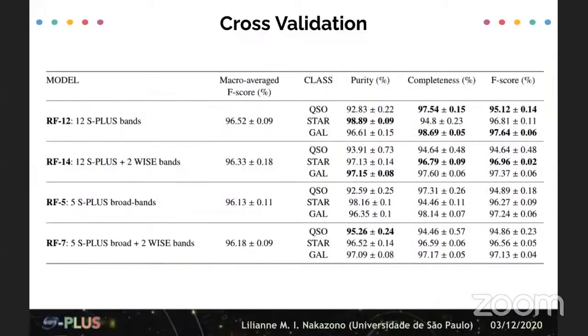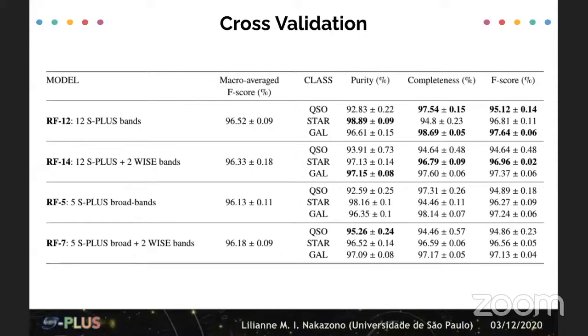Here in this table, I show the performance of each model in terms of purity, completeness, and F-score. The F-score here is the harmonic mean of purity and completeness. So if we want both purity and completeness to be good, it can be translated into having a good F-score.